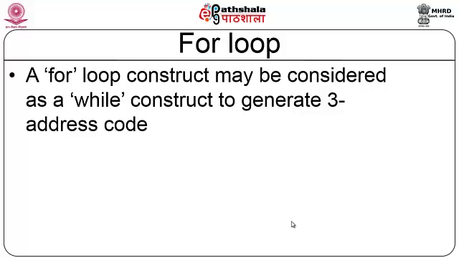So just convert the for construct to a while representation, and once you have that in place, I can use the 3 address code syntax directed definition corresponding to while itself to generate 3 address code for the for construct. Since for and while can be replaced one with the other, we normally go with the while construct's SDD for generating 3 address code corresponding to for.